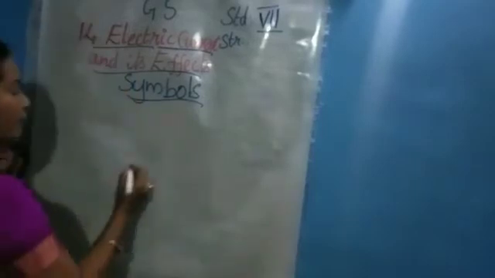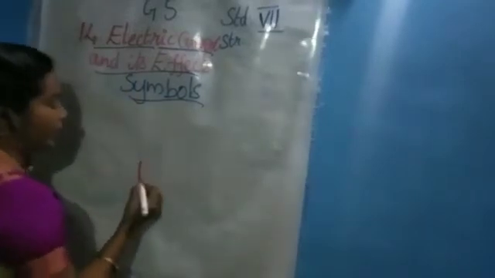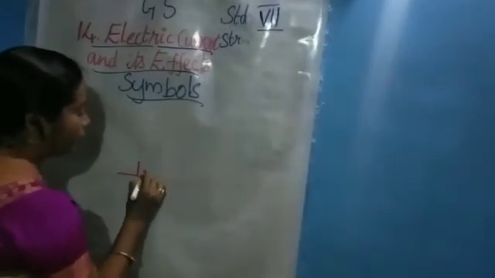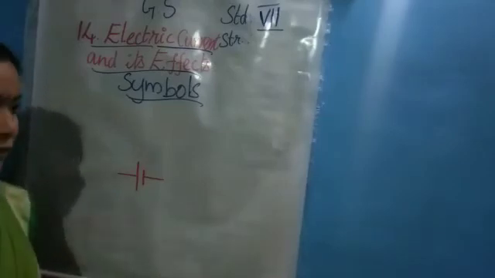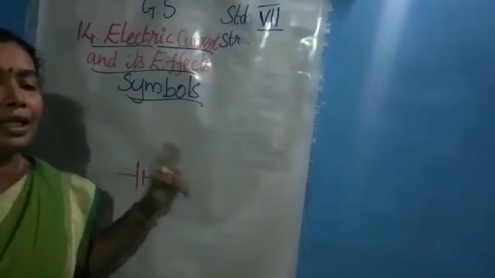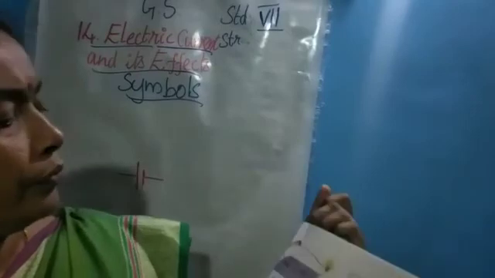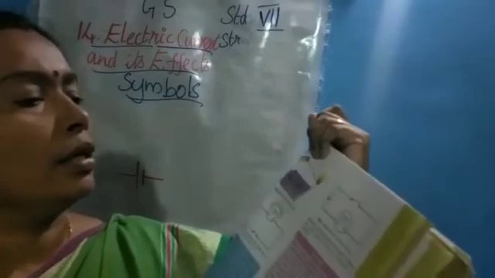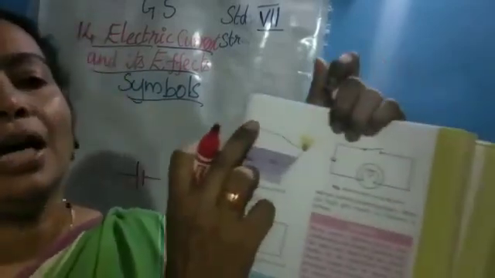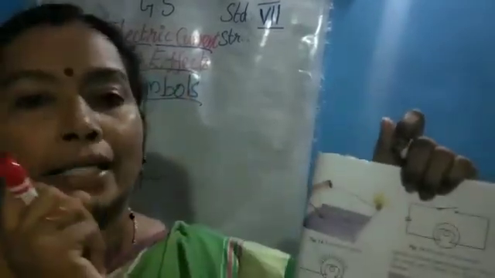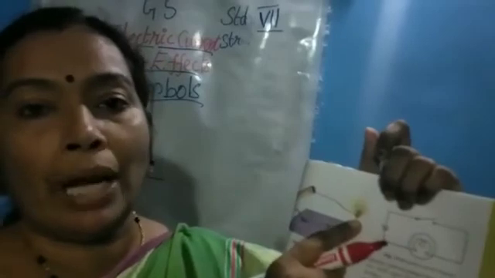Yes, the electric cell. For the electric cell, one side a thin line, the positive terminal, and a thick short line here, the negative terminal. From the negative end of the electric cell, one end of the bulb is connected.